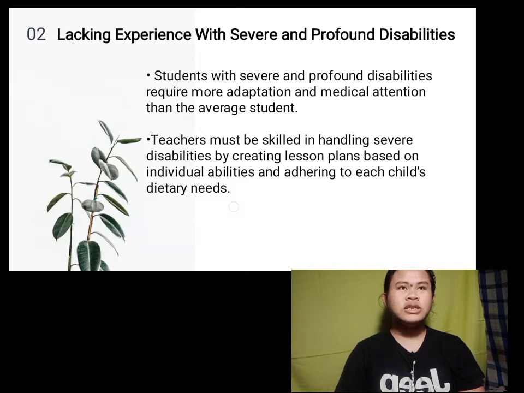You also need to consider this in making the lesson plan. So you need to have an assessment so that your student will find it easy in the process of learning that she or he needs.